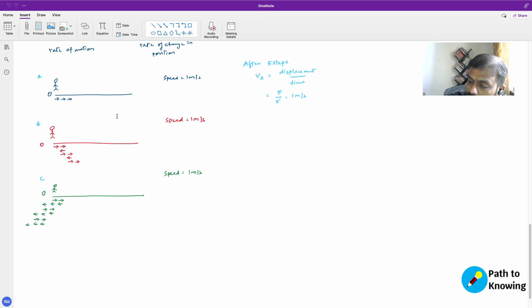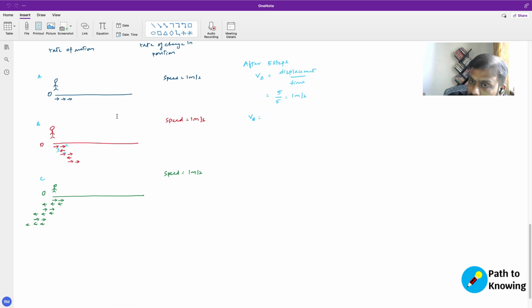Now, what about the second person? Velocity of B. After 5 seconds, if you recall, after taking 5 steps, where will B's position be? This is after the first second. After the first. This is after the second. This is after third. This is after 4, and this is after 5. Right.